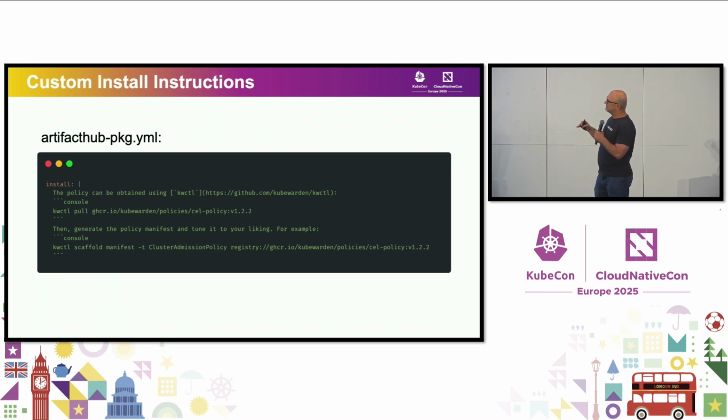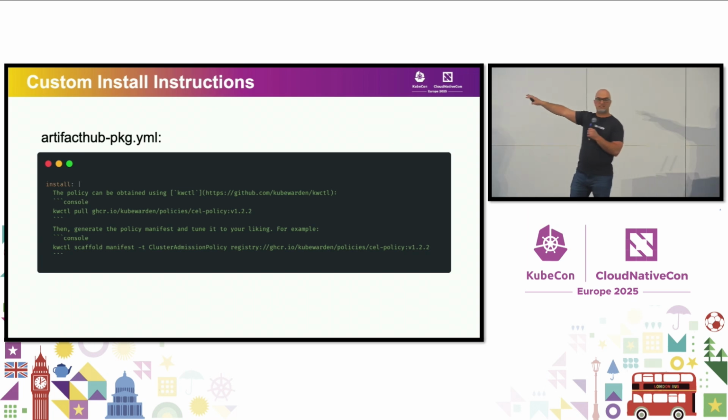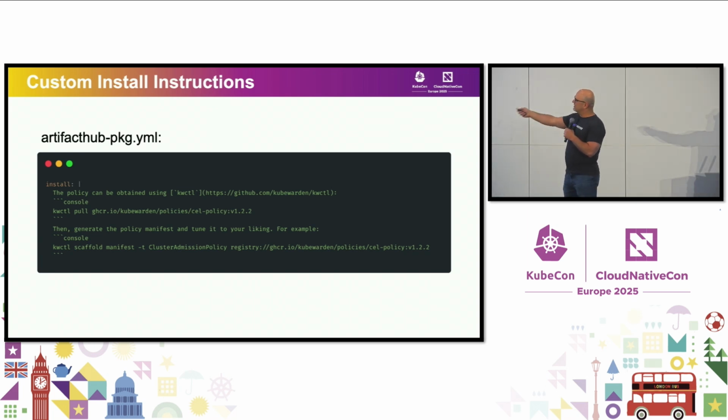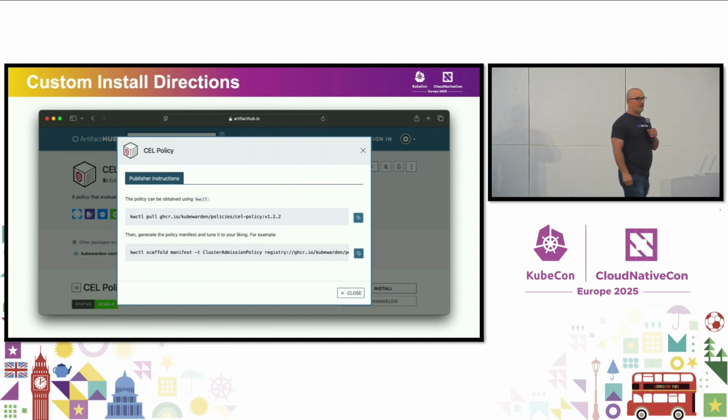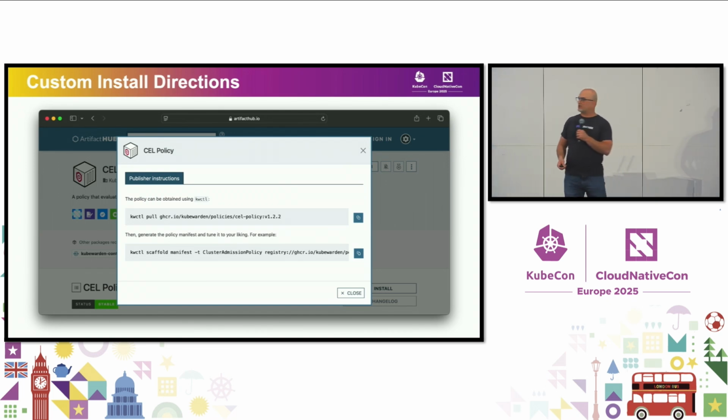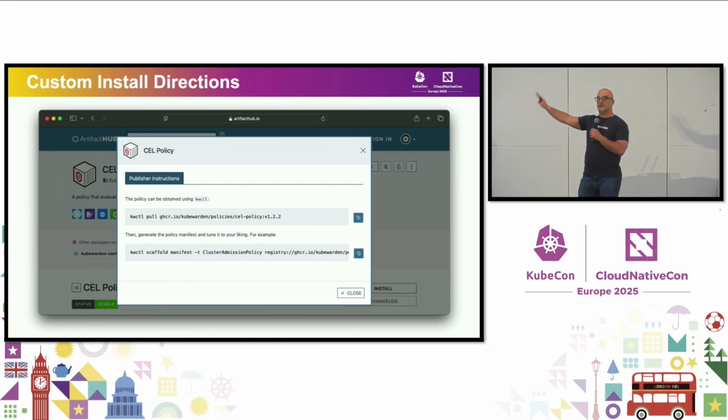And here you can see this is Markdown that specifies how to do it. There's code snippets in, and they specify console as the type. And it's very easy. Here's how you go install this policy. Now, in the UI here, if you go over to that policy, you've discovered it, you want to know how to install it, you've got the install instructions. And they look nice. The code can be copied, right? The copy buttons are right there because it knows what to do.